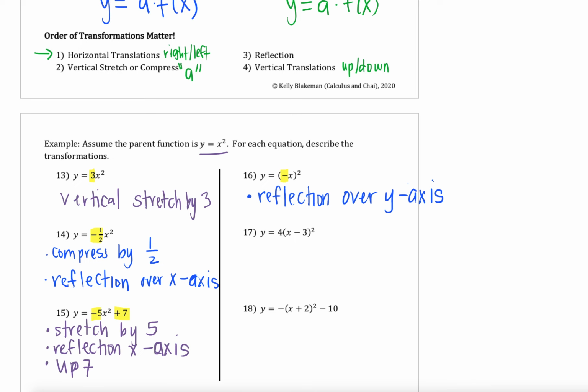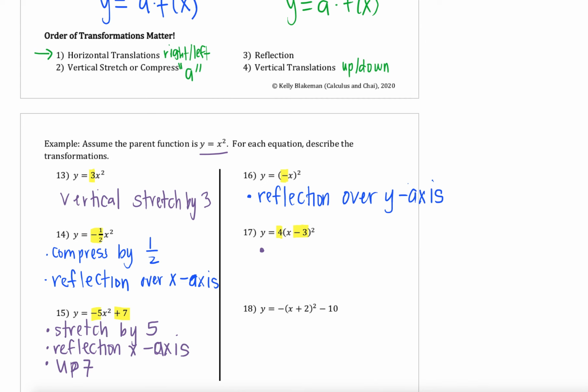Why don't you guys pause the video and decide on what your transformations are. So in example 17, I see two things. I see the 4 in front as well as that minus 3 that we have here. So our first one would be any horizontal translations. That minus 3 is a horizontal translation since it's happening inside the parentheses, so it's attached to that x there.